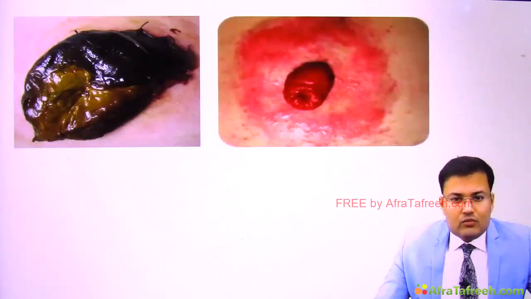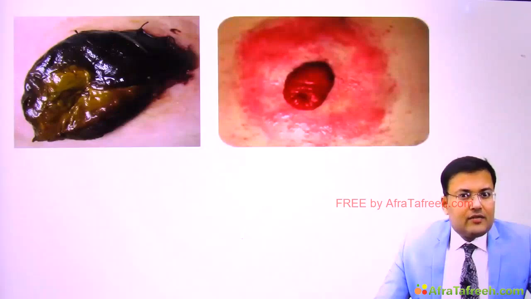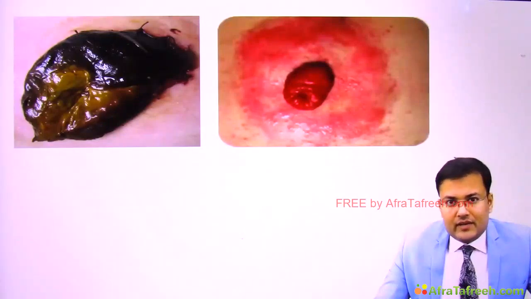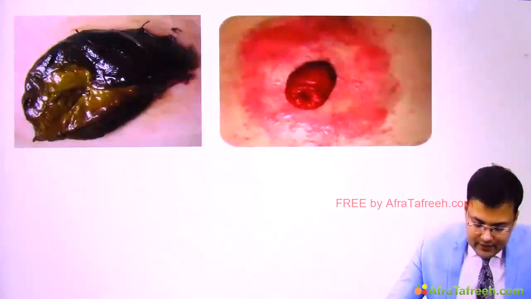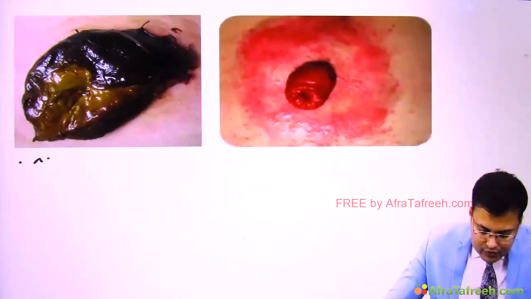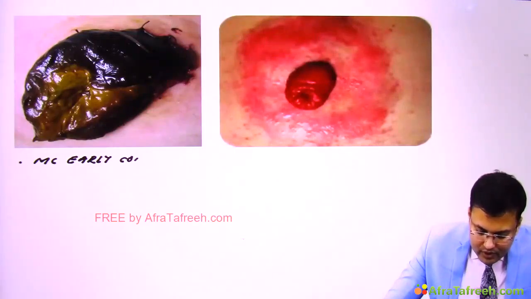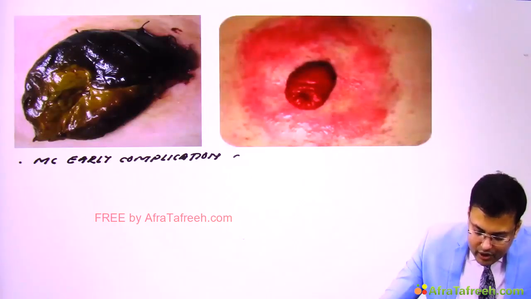And the overall most common complication is because of effluent, which is liquid. Because of liquid effluent spillage, there is excoriation or dermatitis. So two important questions. First, what is the most common early complication of ileostomy?